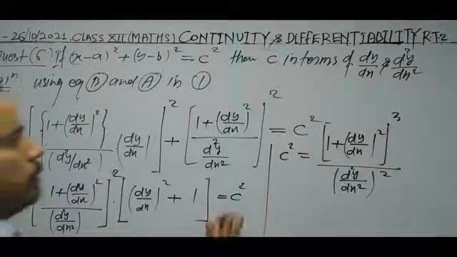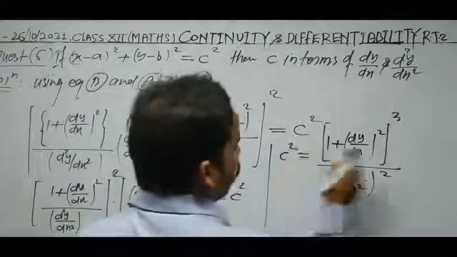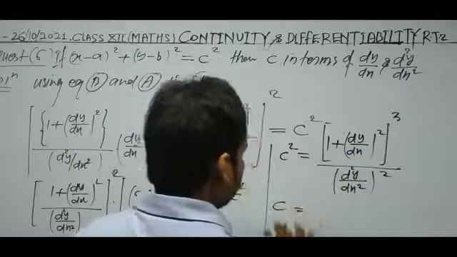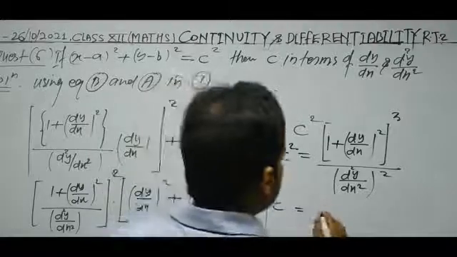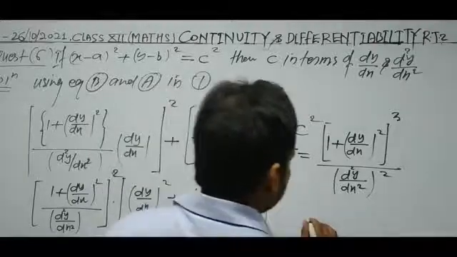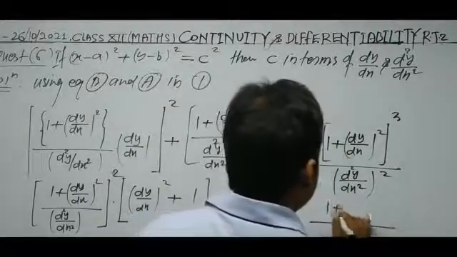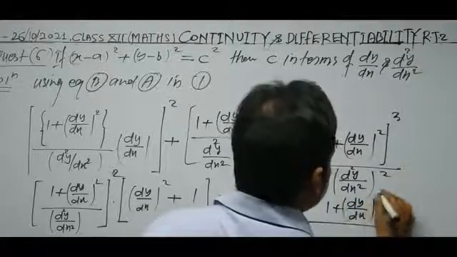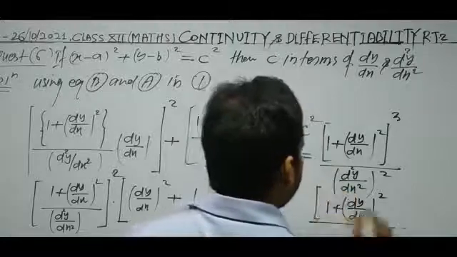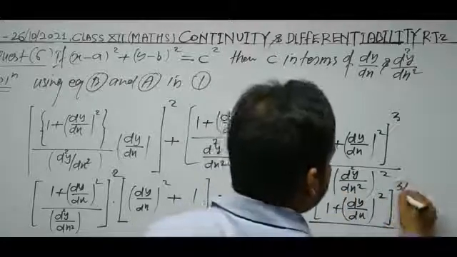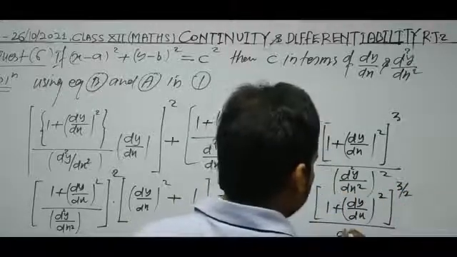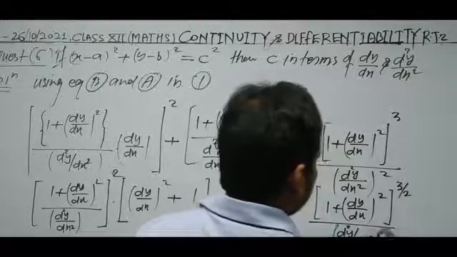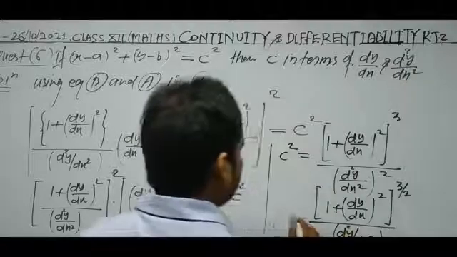And this is square, so it will go to the right hand side, so result will be c is equal to 1 plus (dy by dx) whole square power 3 by 2 whole upon d2y by dx2. This is the value of c.